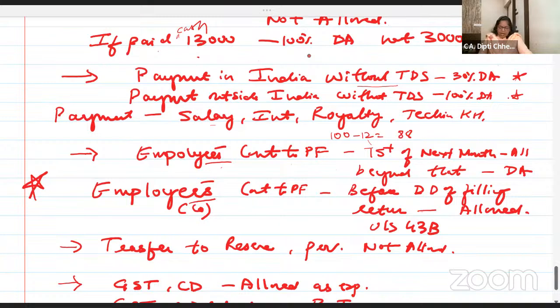Done? Now, employer's contribution. Okay, I am putting 12 rupees. I am giving you 100 plus 12. 12 even I will contribute as an employer to your PF. So how much money will go to PF? 24 rupees. This employer's contribution, if he misses 15th of the next month, he can deposit by 31st March or by 30th September 2024.